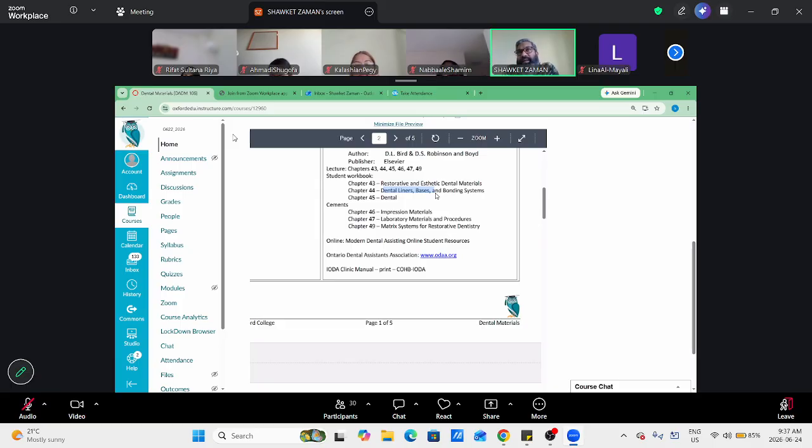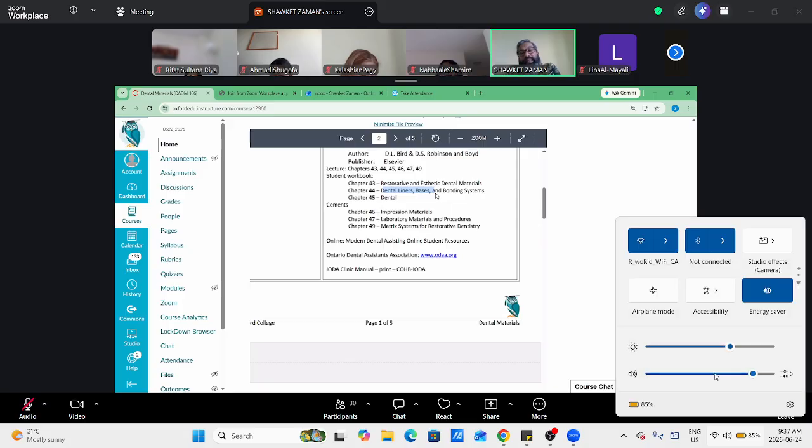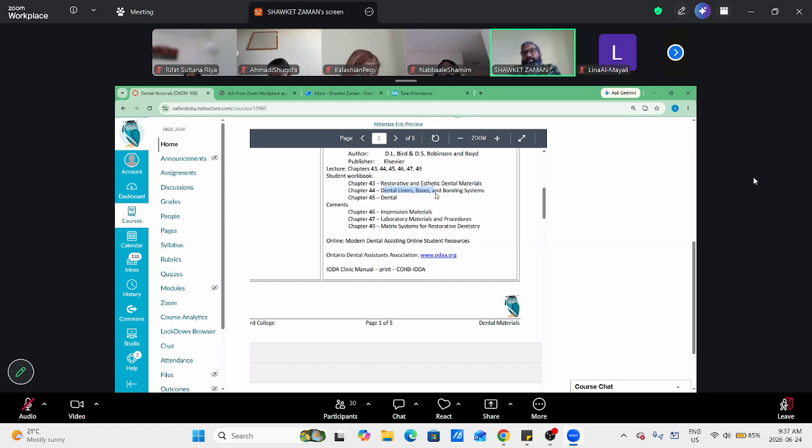Impression is the negative reproduction of the tooth and its supporting structures. And after the impressions, we need to pour them. We need to fill it up with other materials. We call them the laboratory or model materials to get the positive reproductions of the tooth and its supporting structures. So that is actually the laboratory materials. These are the materials we will try to cover in this whole process.